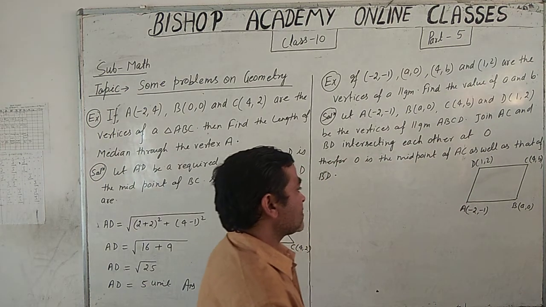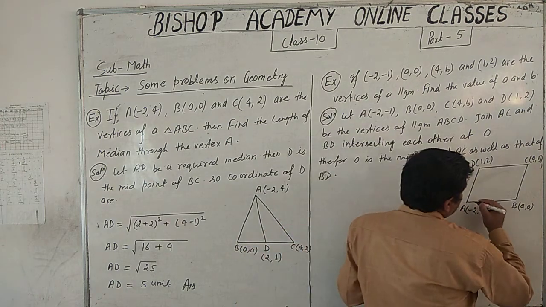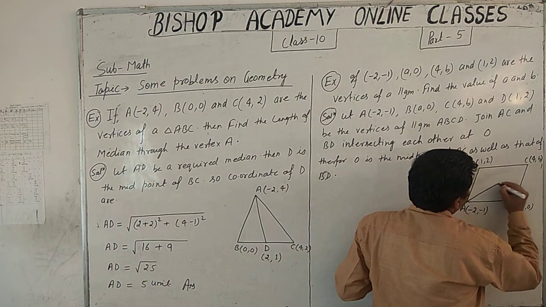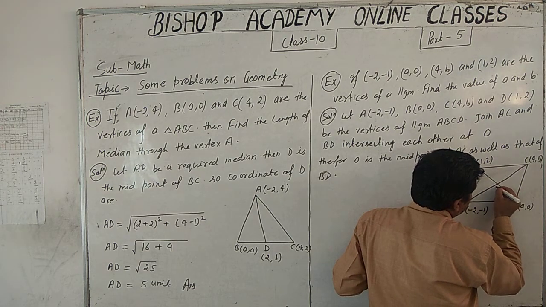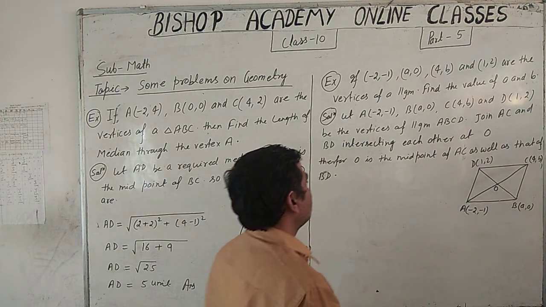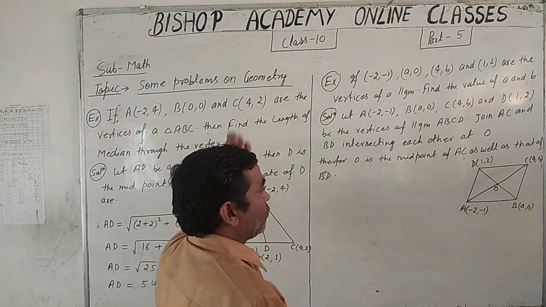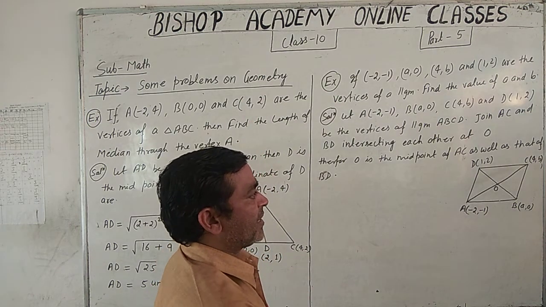Join the diagonals AC and BD, which intersect at a point O. Therefore, O is the midpoint of AC as well as BD.